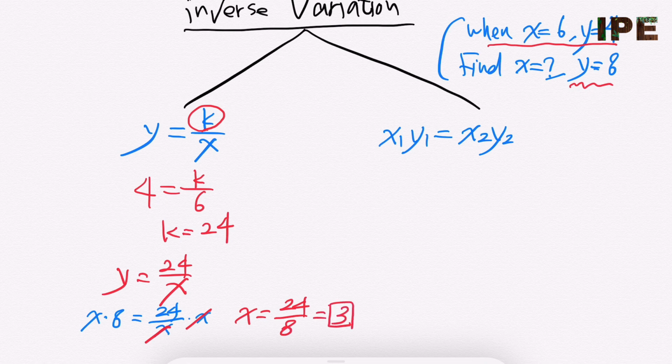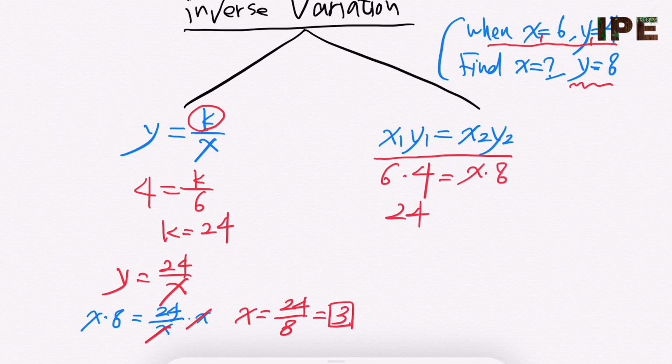We can find the same answer using the x1 y1 equals x2 y2 equation. It looks easier, right? The given x and y values, x1 and y1, are 6 and 4. So 6 times 4 is equal to, we have to find x when y equals 8, so that x is x2 and that 8 is y2, x times 8.